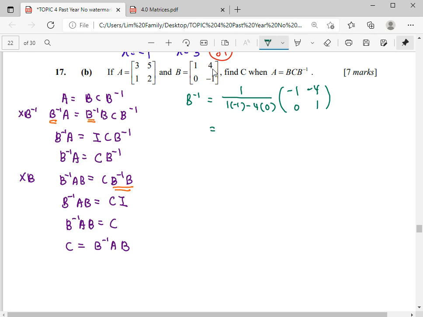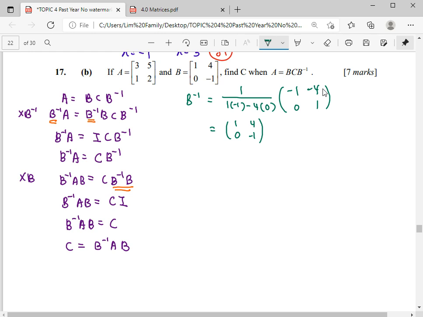So this is how we get our inverse matrix B. From here, this is negative 1, this is negative 1, multiplied in, it becomes 1, 4, 0, negative 1.